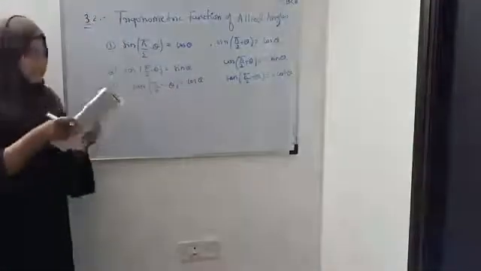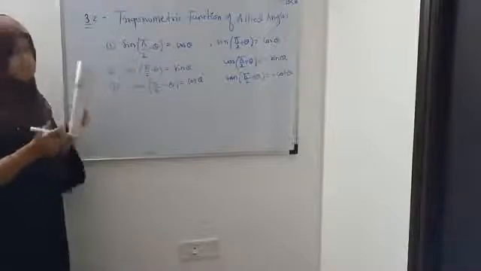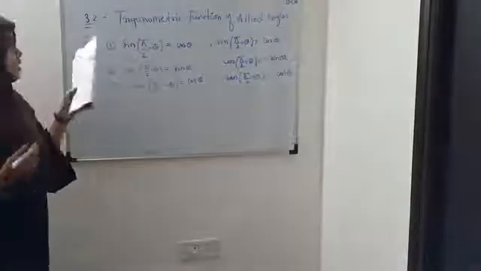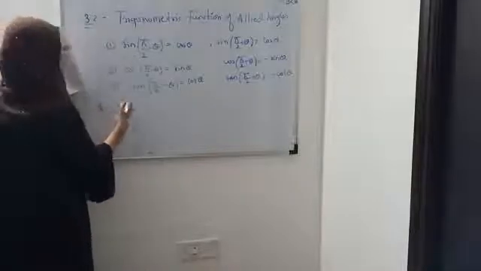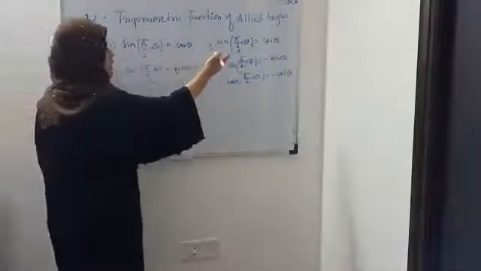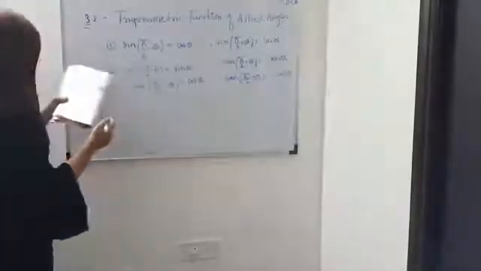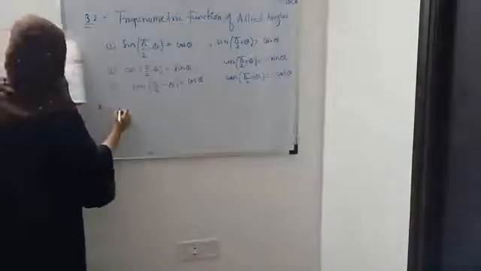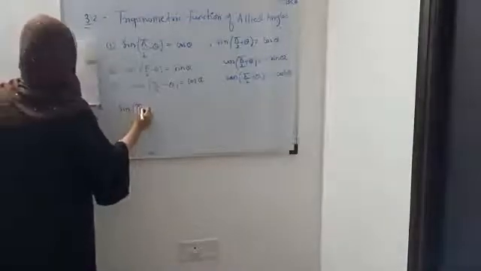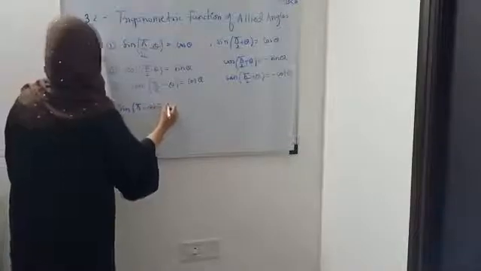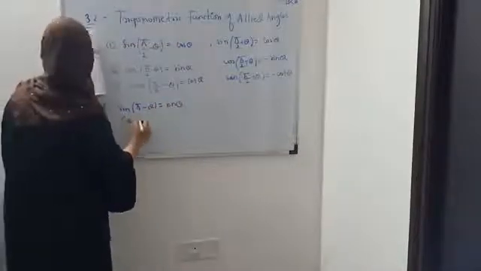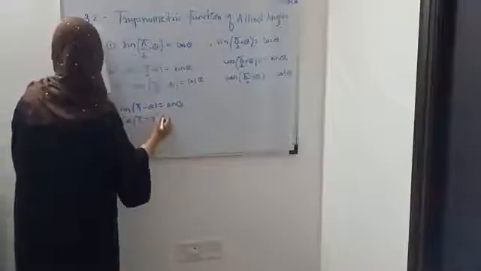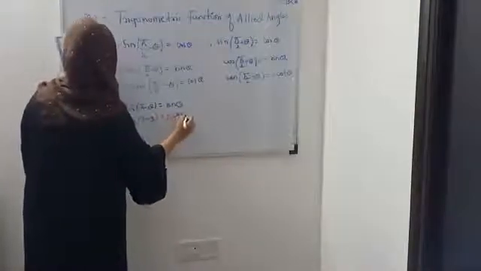Now similarly we do have formulas which can be easily solved. Those formulas are in terms of pi. These all are in terms of pi by 2. Now the next formulas are sin pi minus theta, which is equal to sin theta. Then cos pi minus theta, which is equal to minus cos theta.